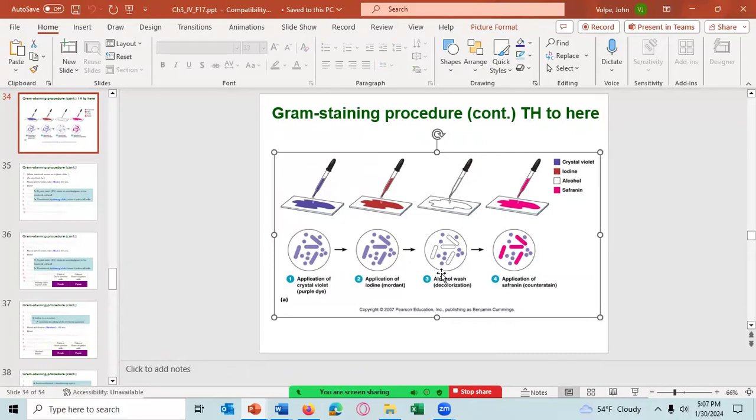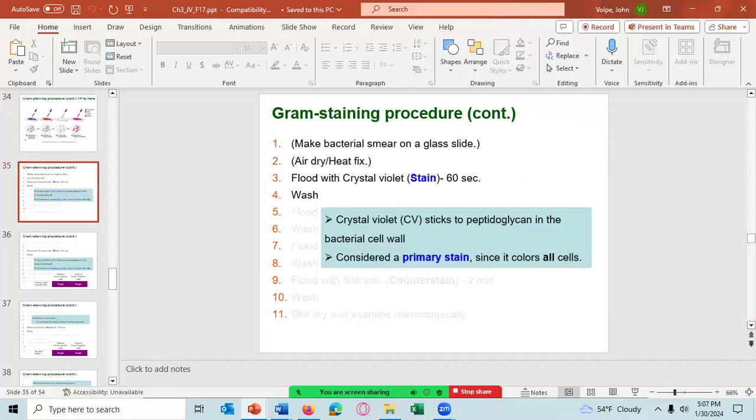The gram-negatives are clear after the decolorizing step, but the gram-positive cells are purple. And then after the safranin step, the gram-negative cells are pink and the gram-positive cells are purple. Any questions about that? All right, let's go into the gram stain procedure.